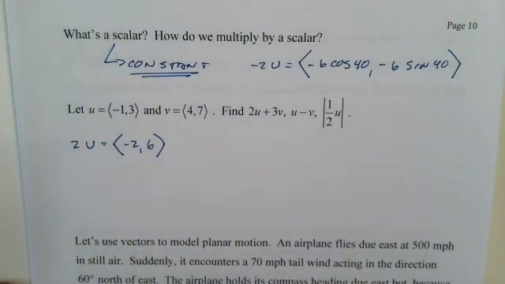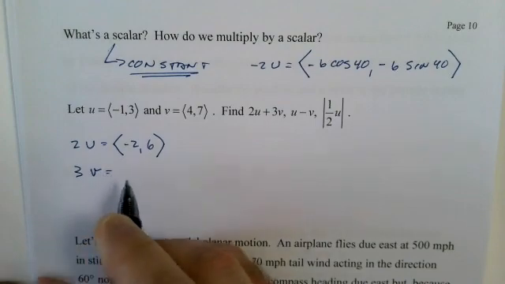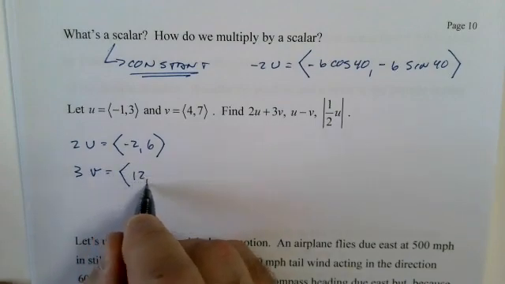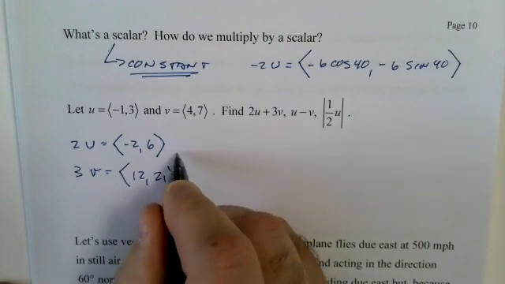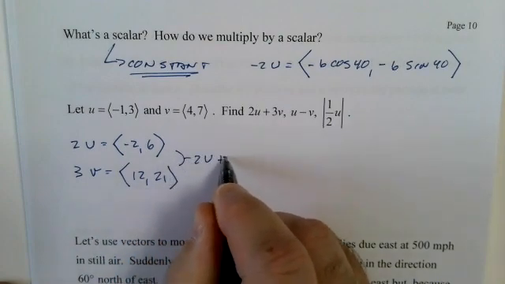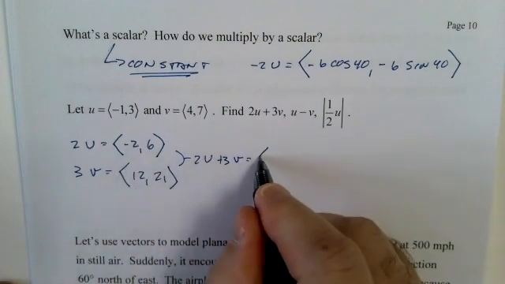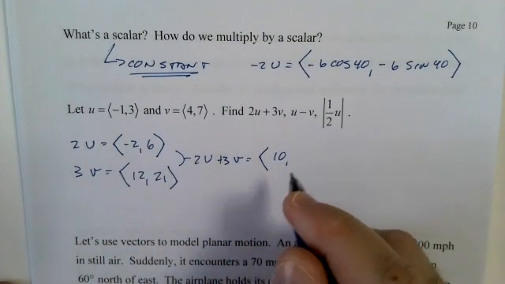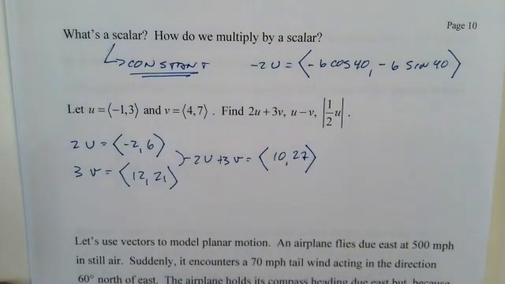That's it. 3v equals 12, 21. 2u plus 3v equals 10, 27. That's about it.